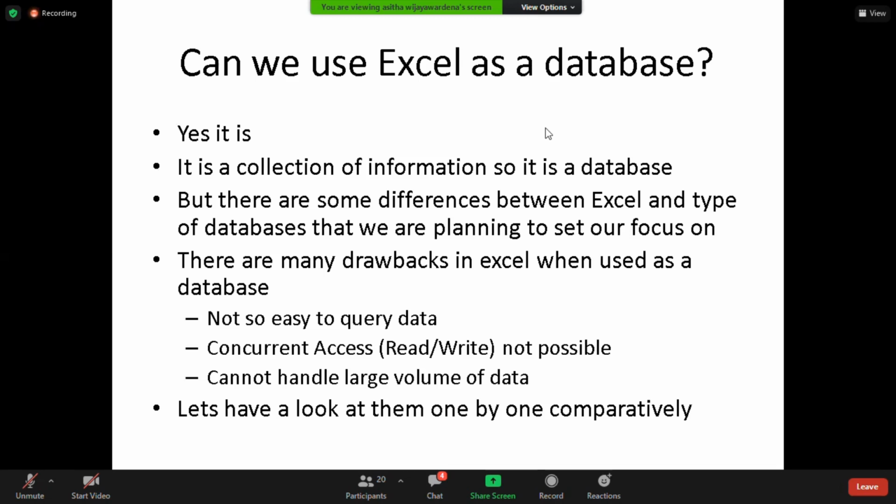But there are many other tools, like Microsoft Access, which provides a small level database management system, a very primary level database management system for small pieces of work, but still they use Excel. That is why I asked you to actually get the main concept into your mind. If you get the concept into your mind, you can easily answer.